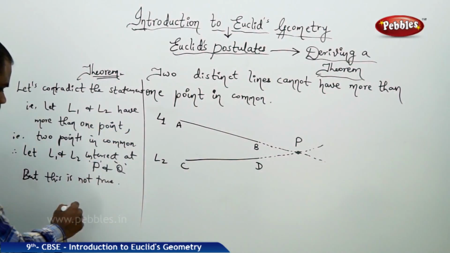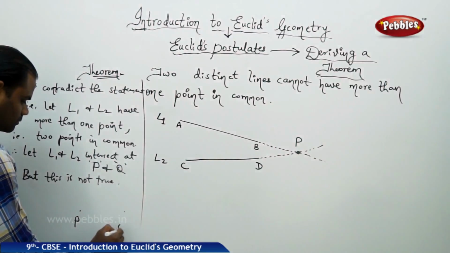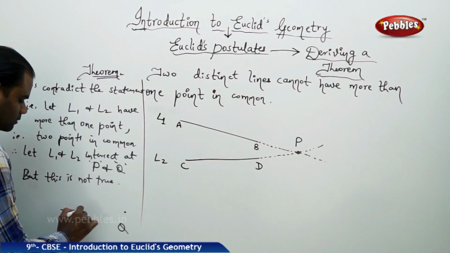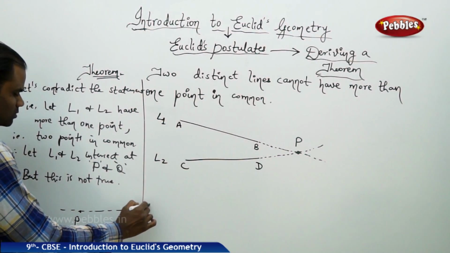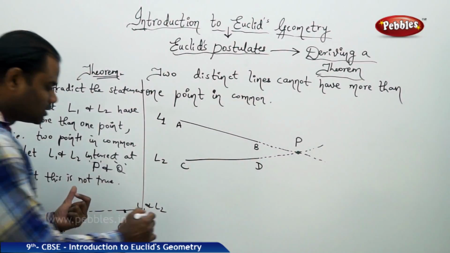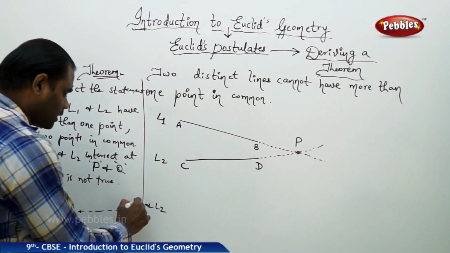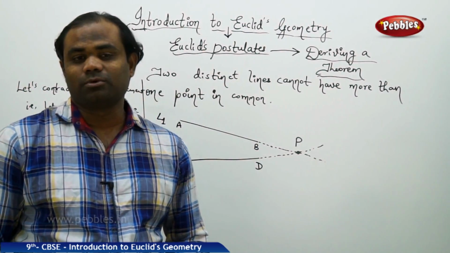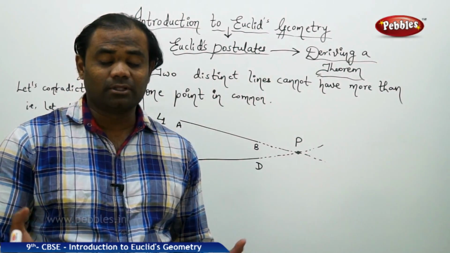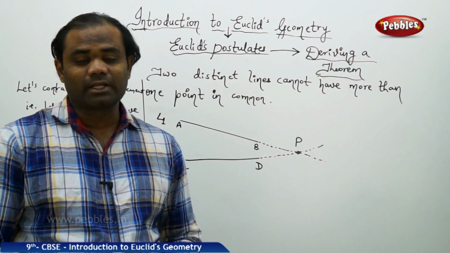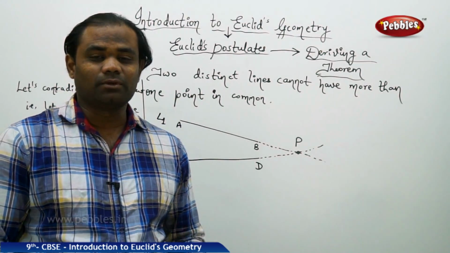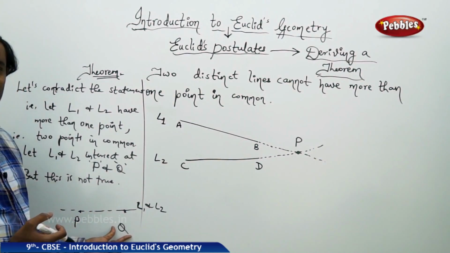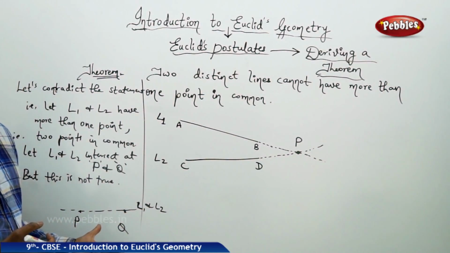Now here I have 2 points through which it is assumed that there are 2 lines passing, L1 and L2. So in this statement it is assumed that there are lines L1 and L2 which pass through P and Q, which is not possible, or it contradicts postulate number 1. There is one and only one line which passes through 2 distinct points. But here, for the distinct points P and Q, there are 2 lines passing through them.